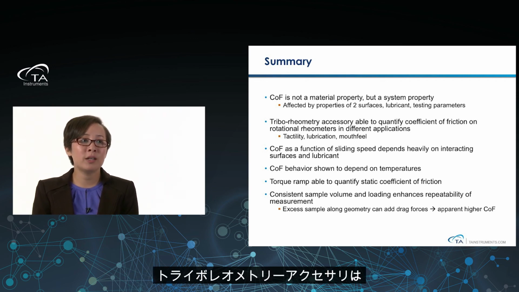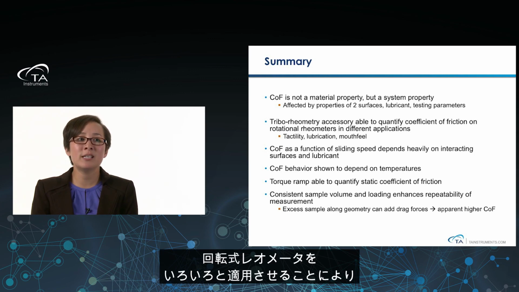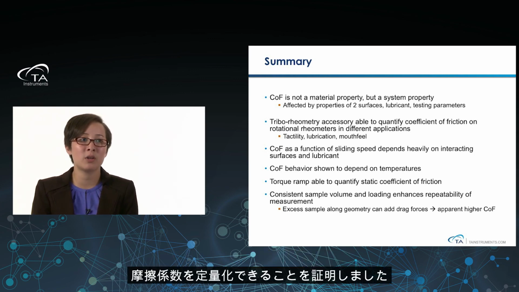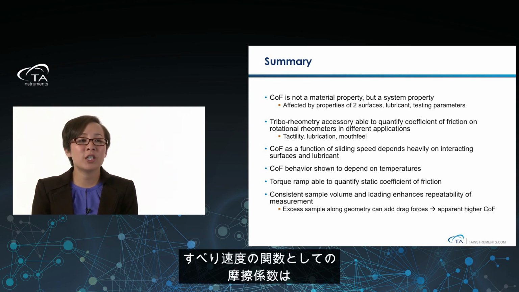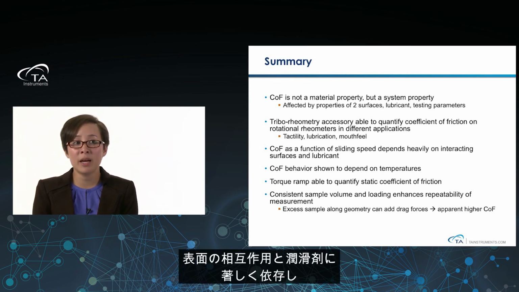But what we've proven is that this tribo-rheometry accessory is able to quantify the coefficient of friction on our rotational rheometers in very many different applications. So we looked at tactility, lubrication, and mouthfeel. The coefficient of friction as a function of sliding speed will depend heavily on the interacting surfaces and the lubricant.